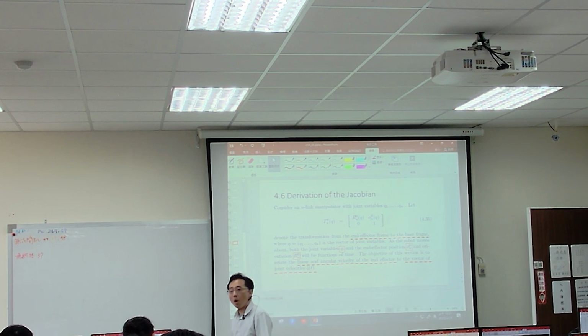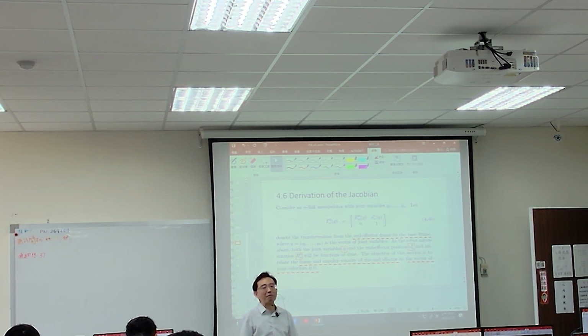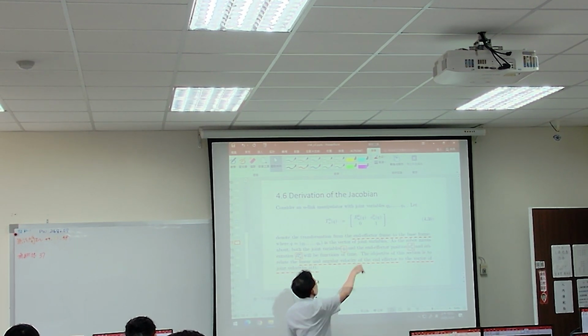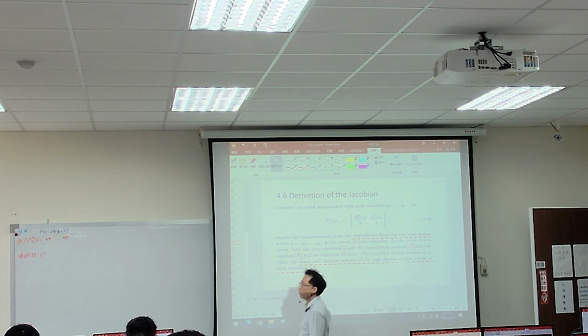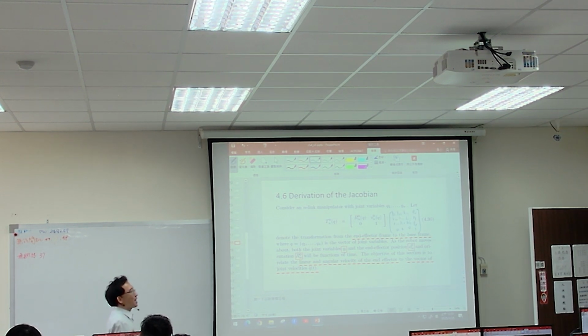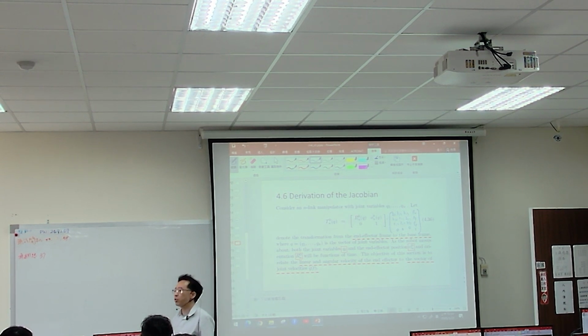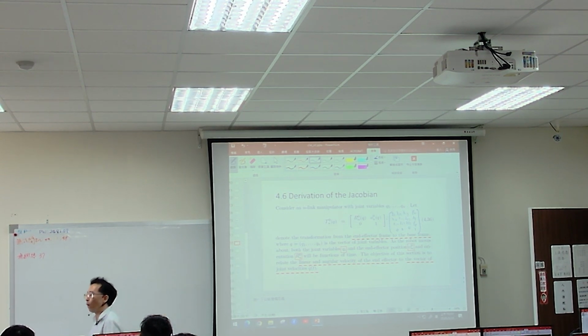It's 3 by 1. So we need to expand the matrix to contain the whole information, so we have a 0 here and 1 over there. So after chapter 2, the final transformation is always 4 by 4.